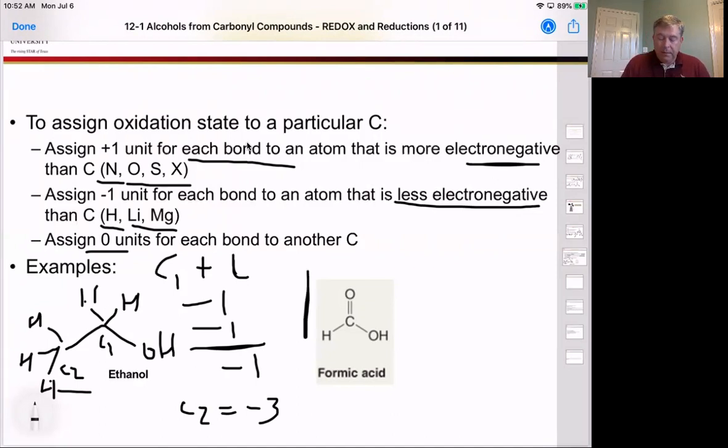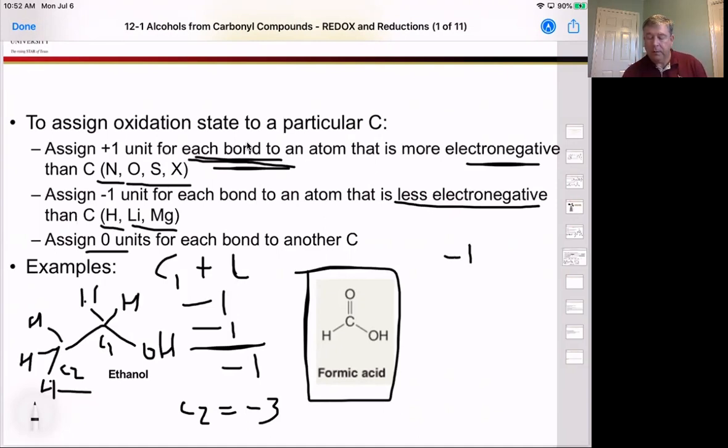Okay, let's do the same thing for our formic acid, making sure we take into account each bond to an atom. So we have on here our hydrogen, which is our -1. We have 2 bonds to oxygen in our carbonyl, so that's +1 for each of those bonds, giving us a +2 for the carbonyl. And then we have another bond to oxygen for another +1, giving us a net of +2 as our oxidation state for our carbon in formic acid.